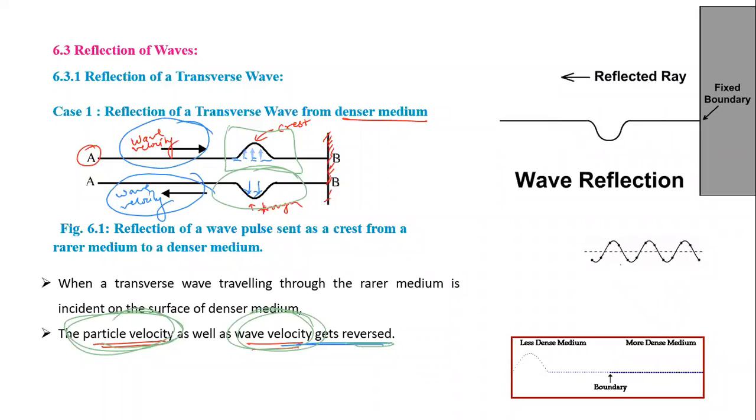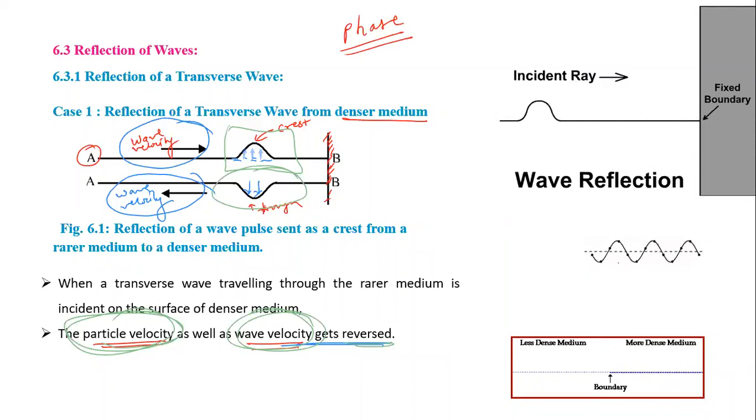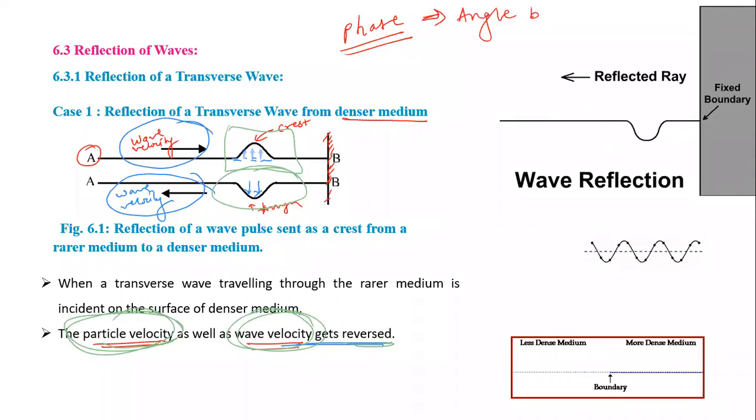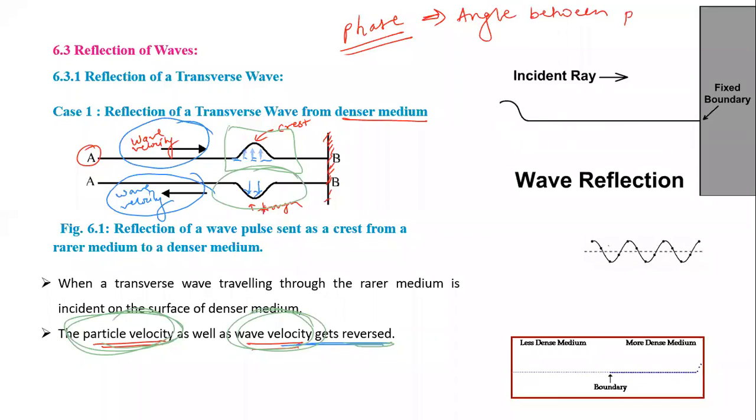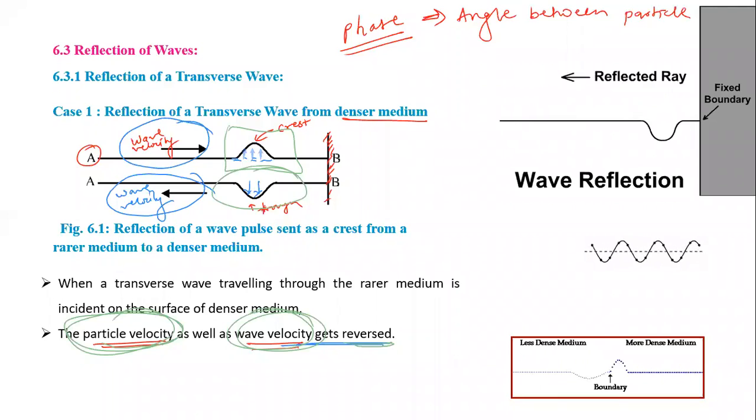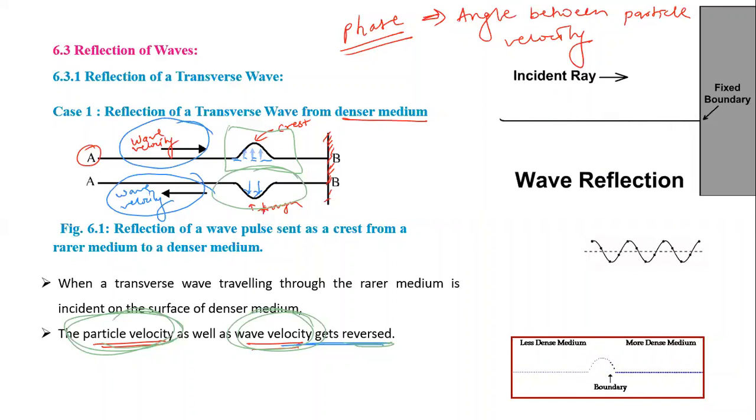Now let me explain phase. Phase here means the angle between the particle velocities. Initially, before reflection, particle velocity is upward, after reflection it is downward.